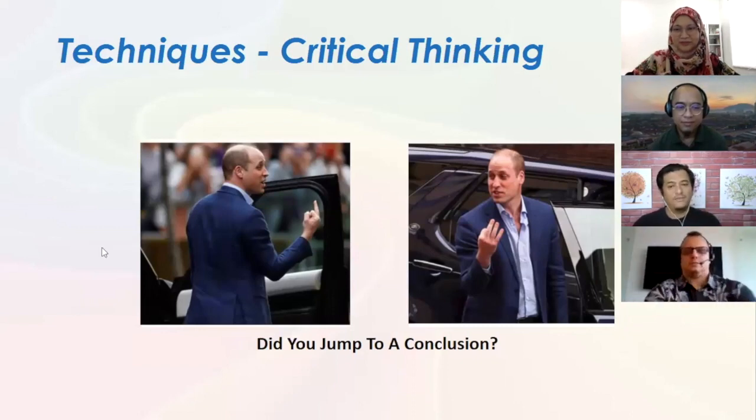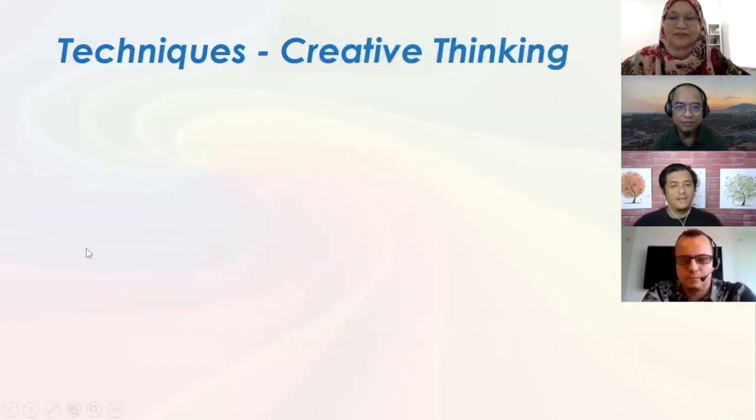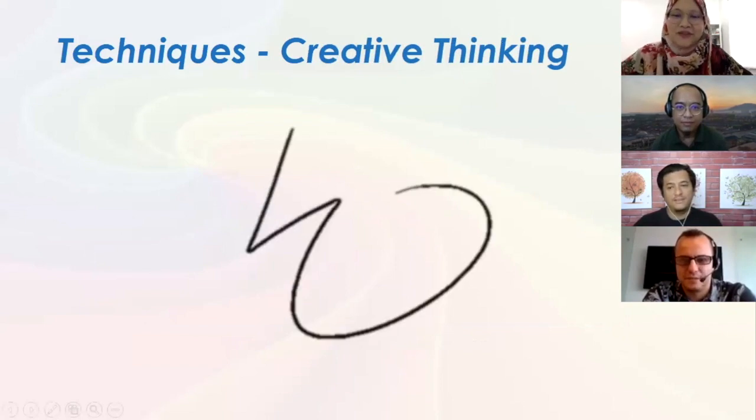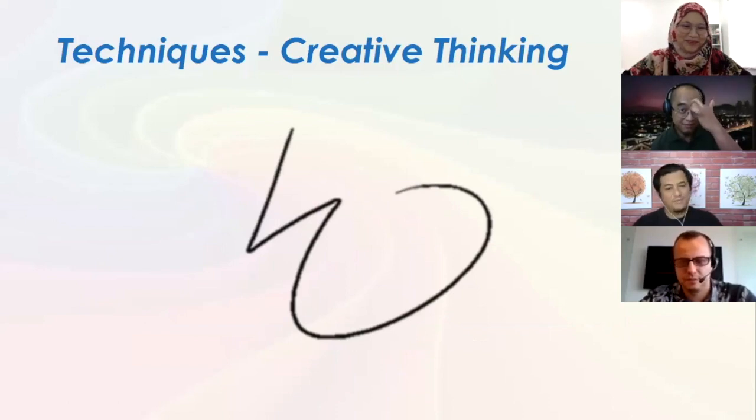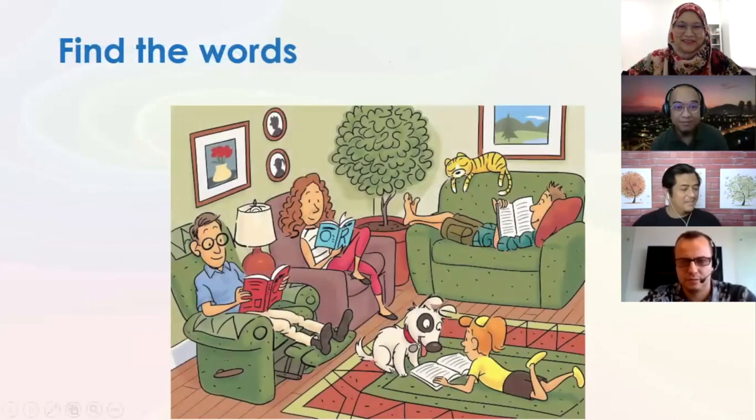All right, one more. Creative thinking. That's interesting. Yes, it is very interesting. So I'm going to skip over this because I want you to do this one next. Here I'll find the words. Type into the text chat all the words you can find. I'll give you 20 seconds. Ready, go.